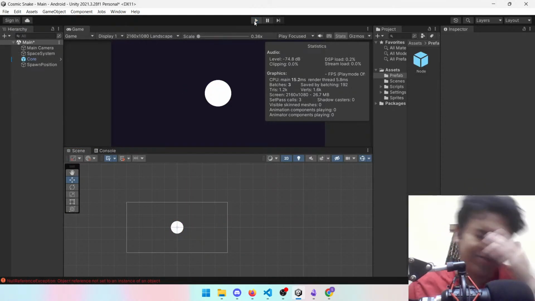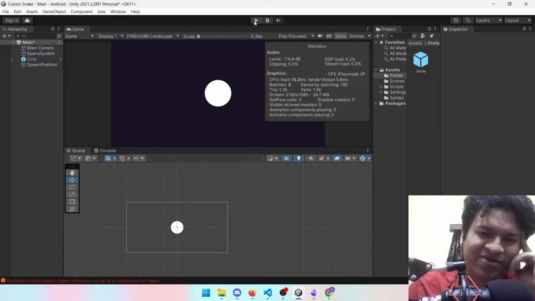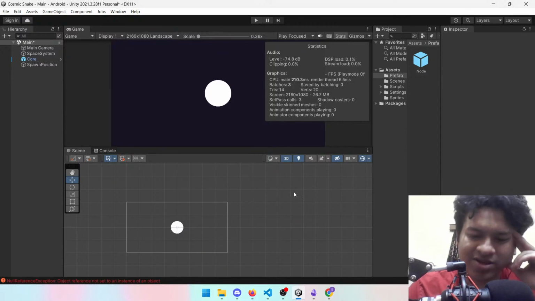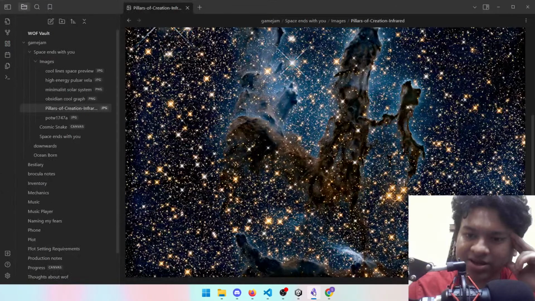I definitely need to also figure out how I'm going to spawn the smaller ones compared to the bigger ones and the evolution of the stars as well. Let's just get that.